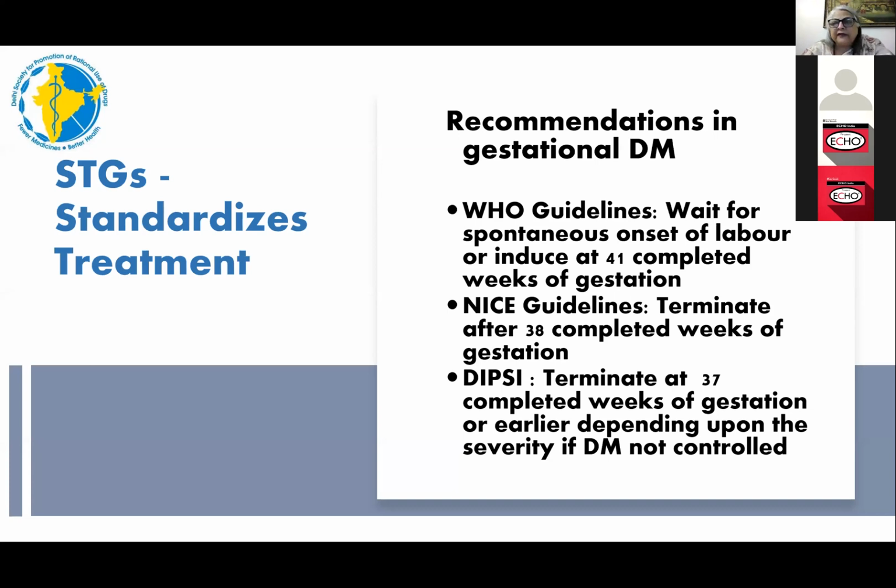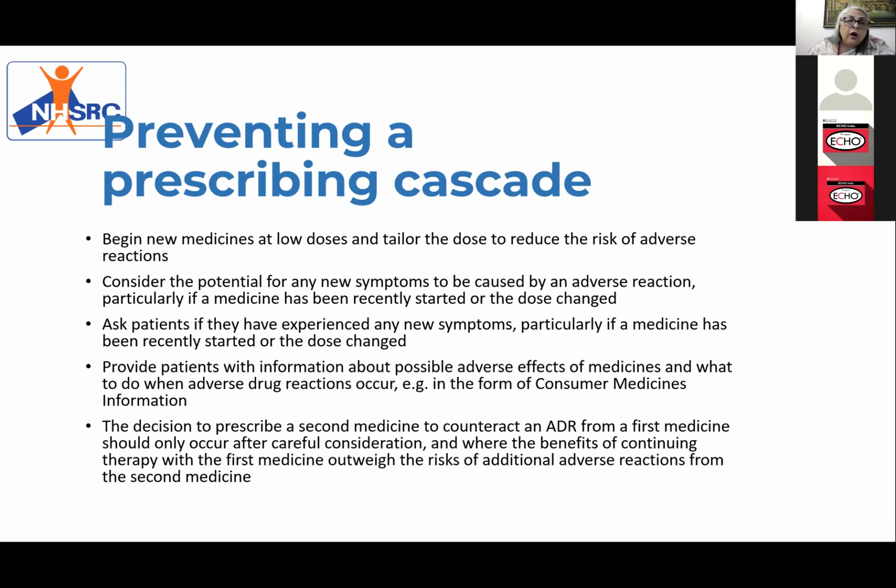The WHO guideline says 41 completed weeks. The NICE guideline says you terminate at 38 completed weeks. That is a huge implication for our system, that for every woman at 38 weeks, if you need to terminate, then you need that many LSCS facilities, and all those things are needed. So you need to make recommendations for your own system, what is good for you.